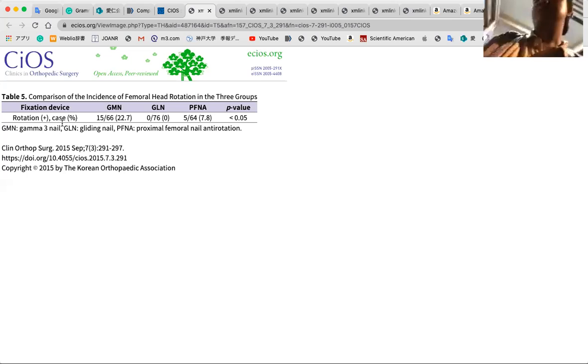One reason is maybe the shape is not asymmetrical like the gliding nail. It is virtually a circle or cylinder shape. It relies on the bone coating around the blade.